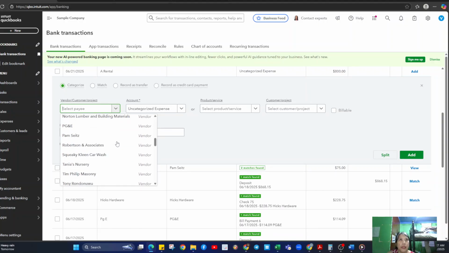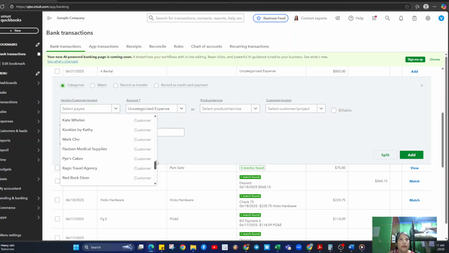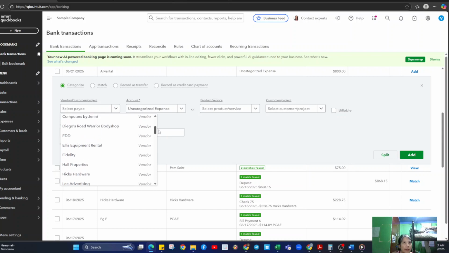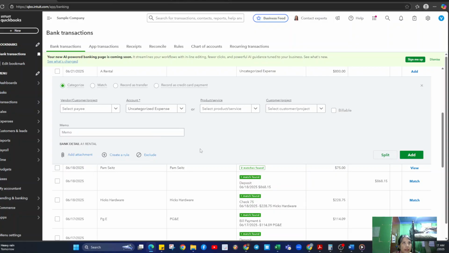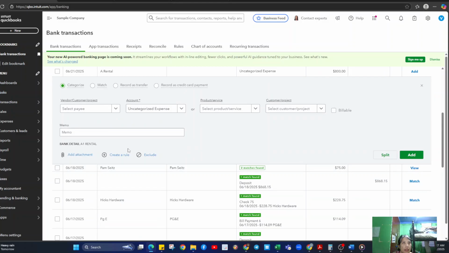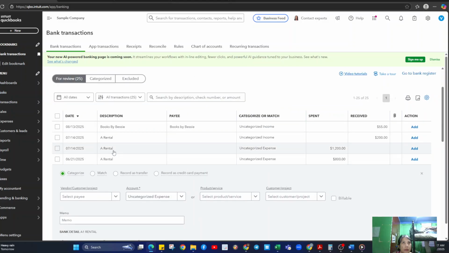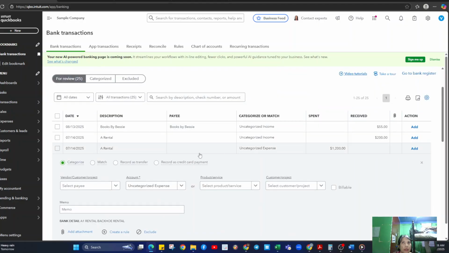The client has to create an account for this specific vendor, because it looks like we are renting from this vendor. As you can see in here, it says A1 rental backhoe rental. So we're renting a backhoe from this vendor. And then we have here uncategorized income.